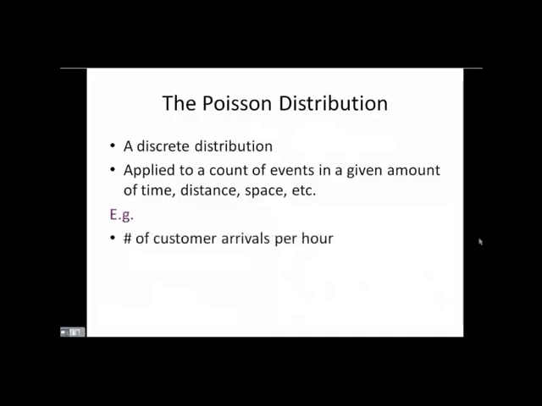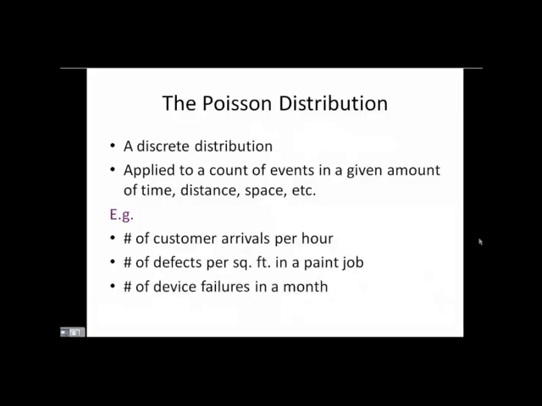Number of customers arriving per hour. We looked, I think, earlier in the term at bank arrivals, right? Inter-arrival time. So here, not inter-arrival time, but now a count of number of customers arriving per hour. Number of defects per square foot in some paint job. Number of device failures in a month. These are all examples of discrete variables, number of customers, number of defects, number of devices, that could be modeled using the Poisson distribution.